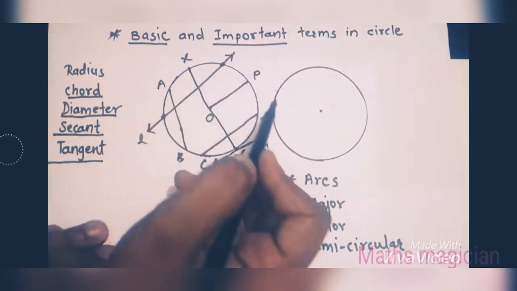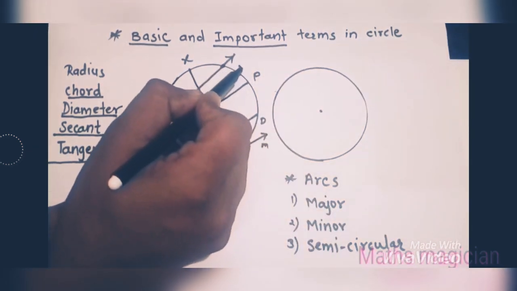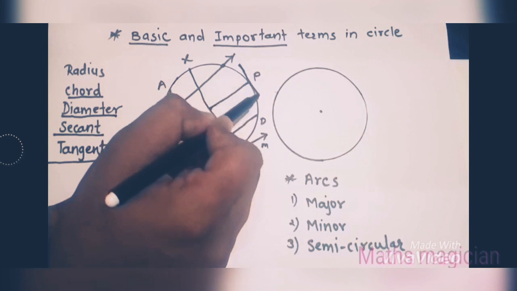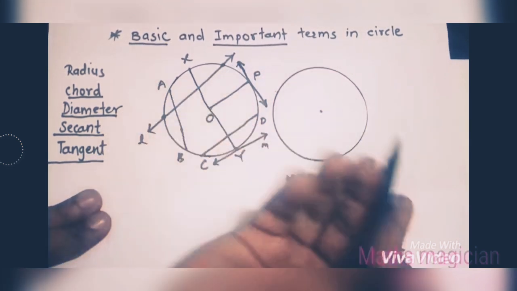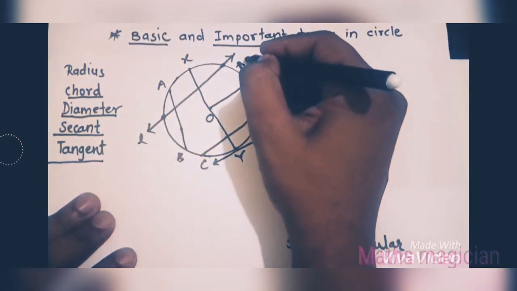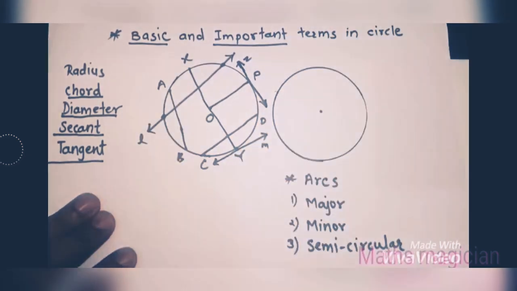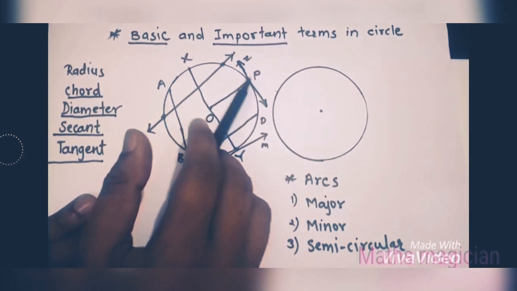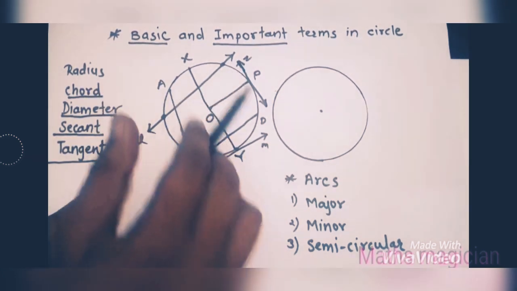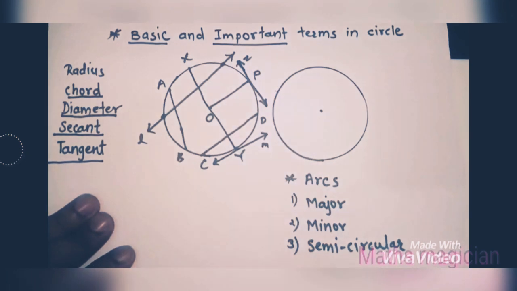Now I can explain one more time. Check out over here, this is line Z. Yes, line Z too is touching the circle at only one point, that is P, and so line Z is also called a tangent.